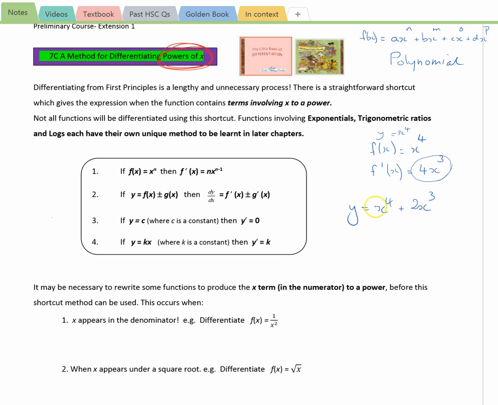We tend to just call that a function in x. And we differentiate them as if they were individual functions, using the rule as if that was an individual function. The notation this time becomes dy dx, and we bring the power to the front, subtract 1 from the power, and do exactly the same here. 3 to the front, and 3 then times 2 is 6x squared. So that's what that rule is about.